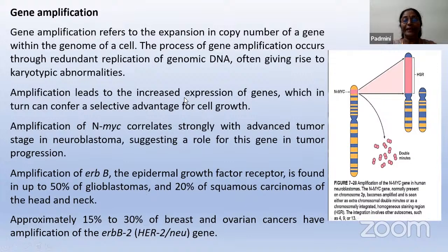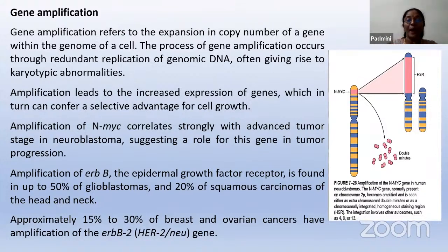Amplification leads to increased expression of genes, which in turn can confer a selective advantage for cell growth. One simple gene is going to give a limited amount, but when amplified, you get an excess of expression of the gene proteins, which can have an advantage for cell growth.